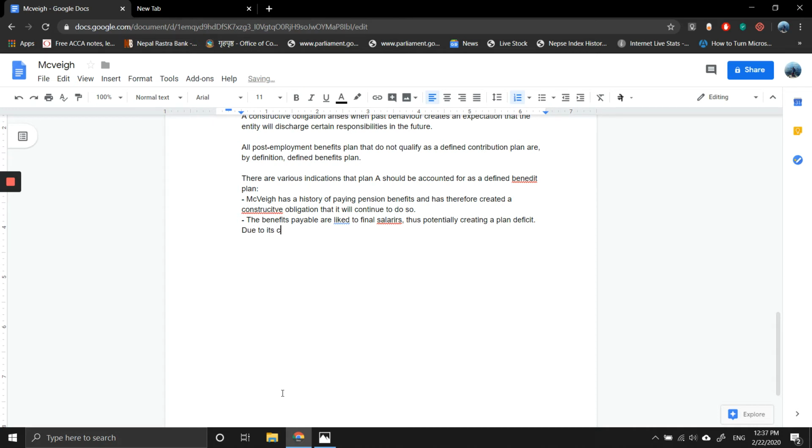Due to its constructive obligation, McVeigh will need to increase its contribution if there are insufficient plan assets to pay for the promised benefits.